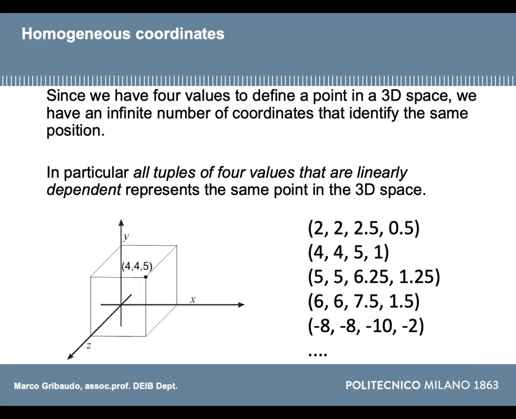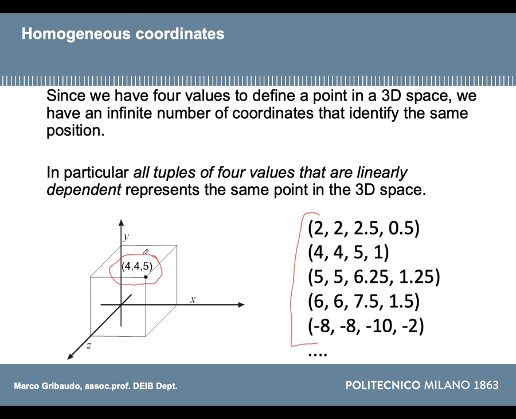As we've said, we have a lot of tuples that represent the same point in space. For example, all these tuples that you see here represent the same point, which might be 4 centimeters, 4 centimeters, and 5 centimeters on the screen.